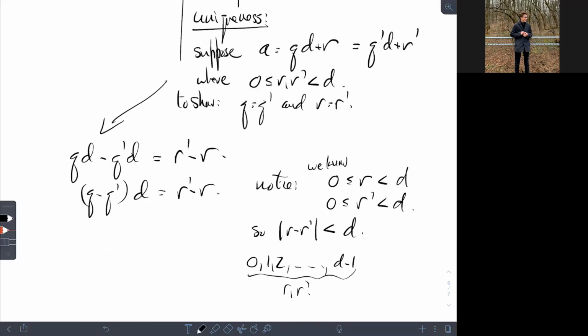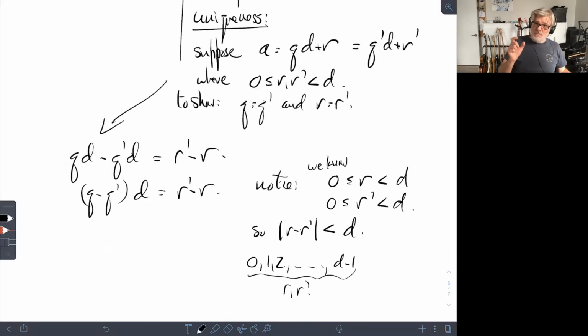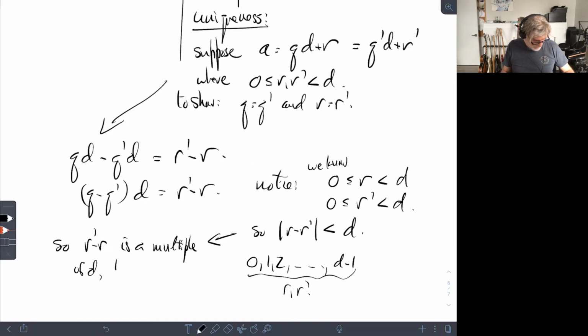Yes, excellent. All right, but look, I have that this number is a multiple of D, but it's smaller than D and greater or equal to 0. So R minus R prime is a multiple of D, but is smaller than D. Consequence, it must be 0.